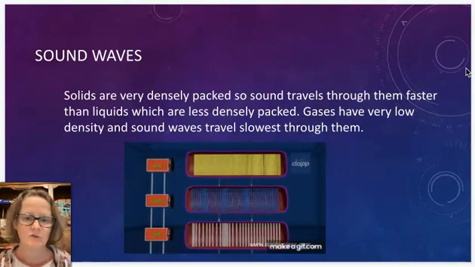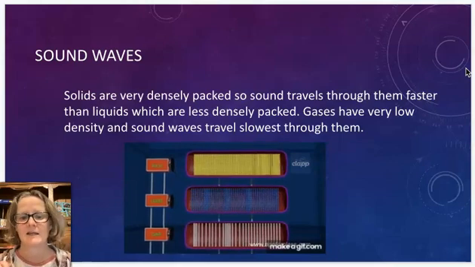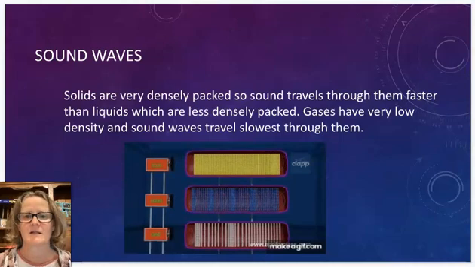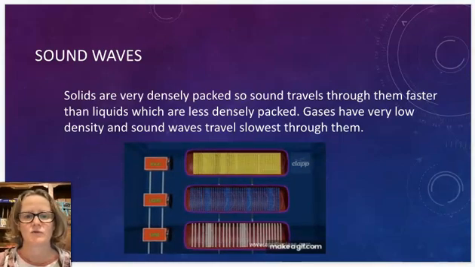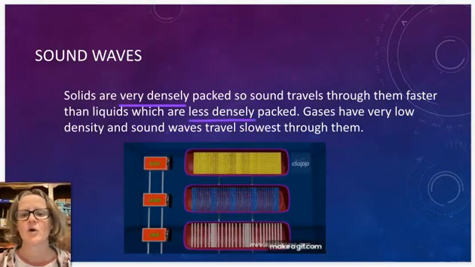If the same sound goes through a liquid, they're moving a little bit slower, and in a gas, that's the slowest. So solids are very densely packed. That's why the particles can bump into each other quickly and pass their energy along. Liquids are less dense, and the gases are the lowest density. So the waves travel the slowest through a gas.